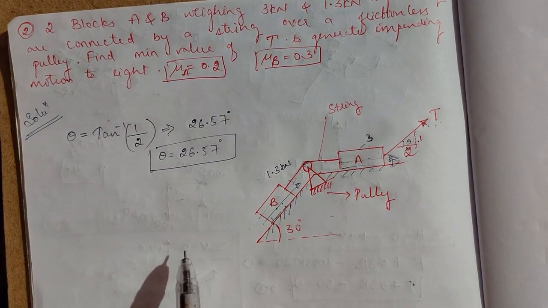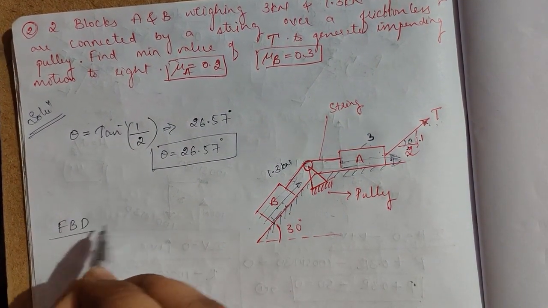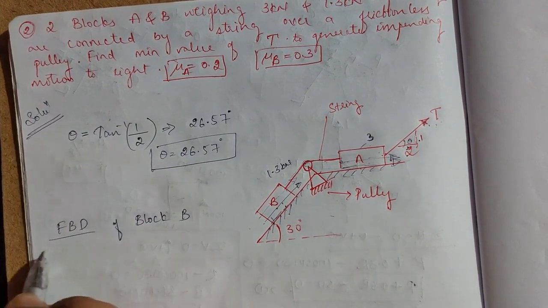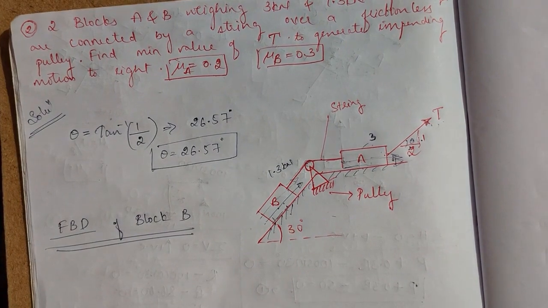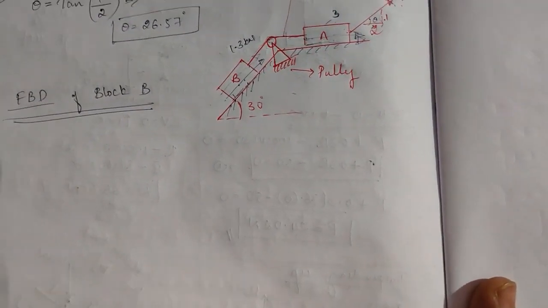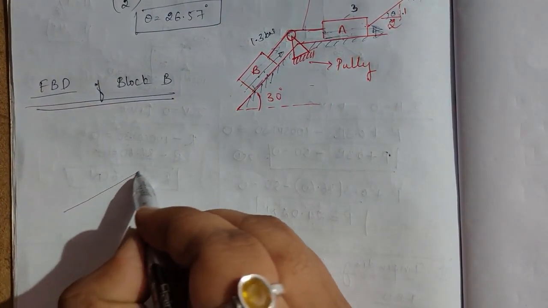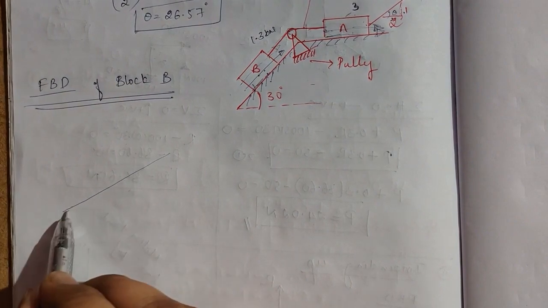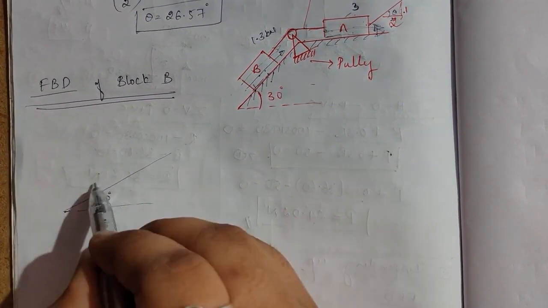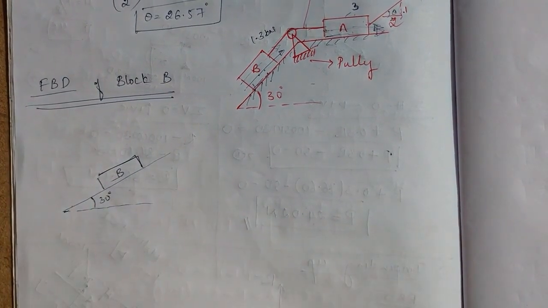Now I'll take first the free body diagram of the block B. Free body diagram of block B. So I'll take here. So now force is there, so 30 degrees is there, so I'll take the block B. Fine.